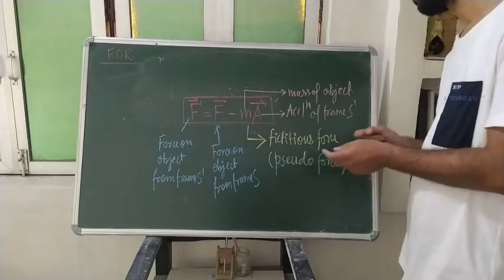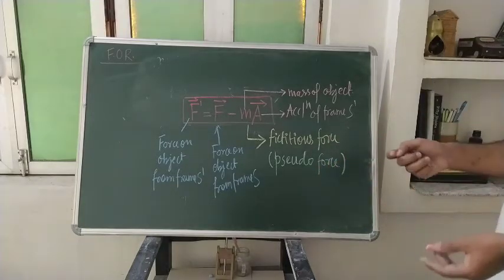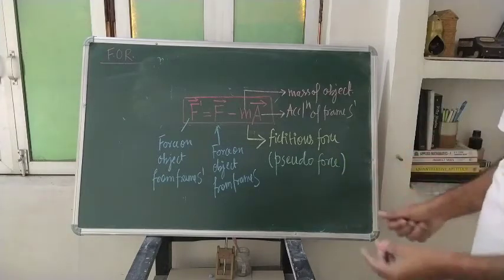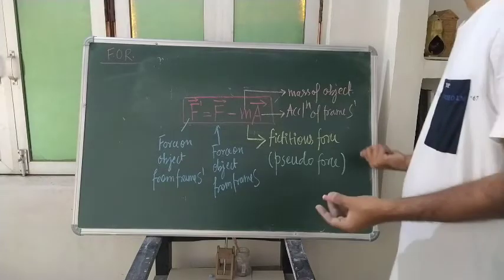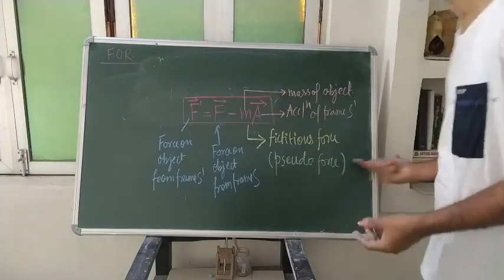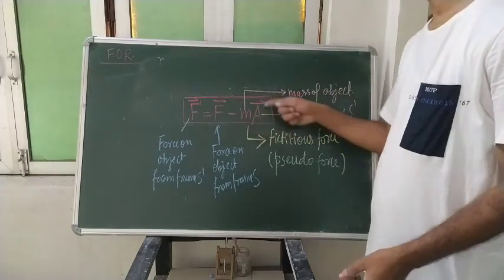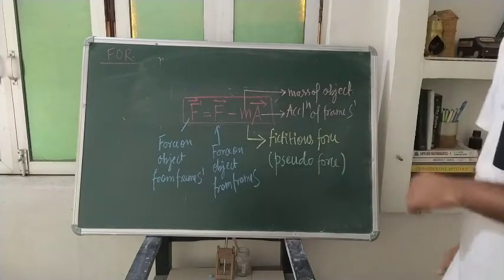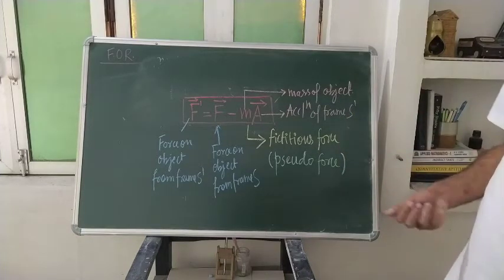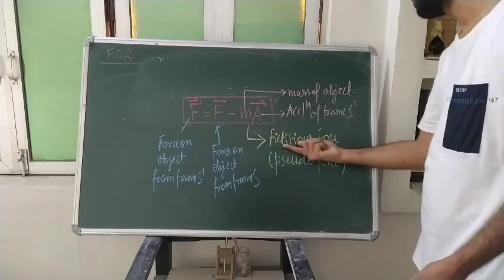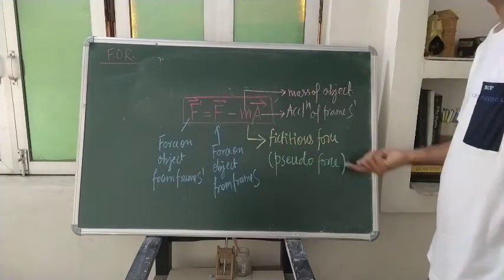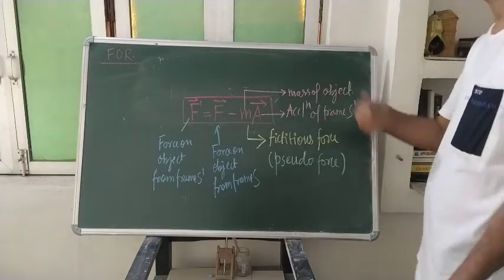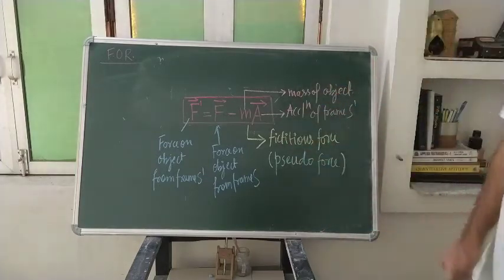So the mass of object we are multiplying with the acceleration of frame S prime. That m times capital A acceleration will give us some force, so that force we are saying as our fictitious force, pseudo force. And why we are saying it as our fictitious force? Because we are multiplying the mass of the object with the acceleration of frame S prime.